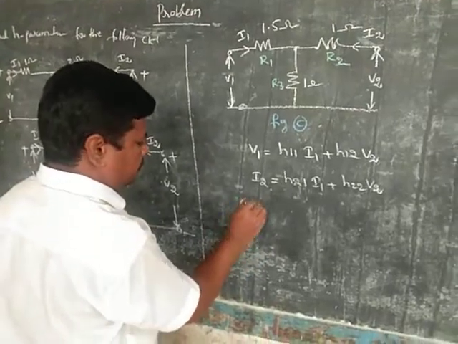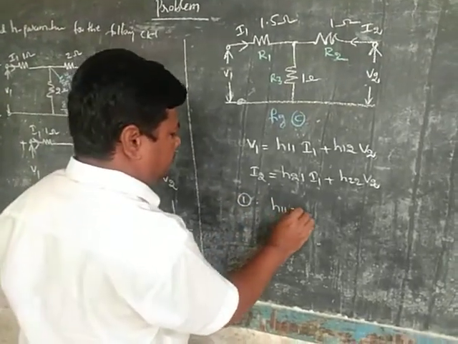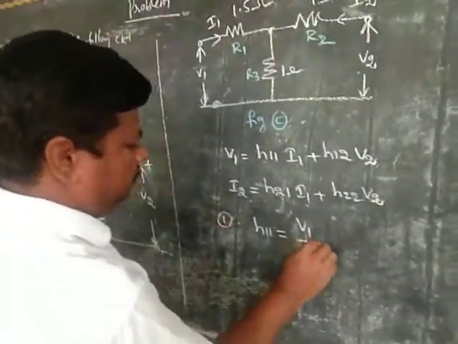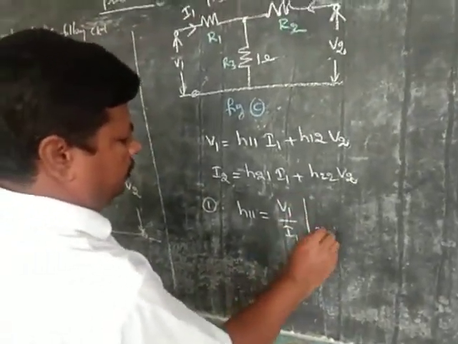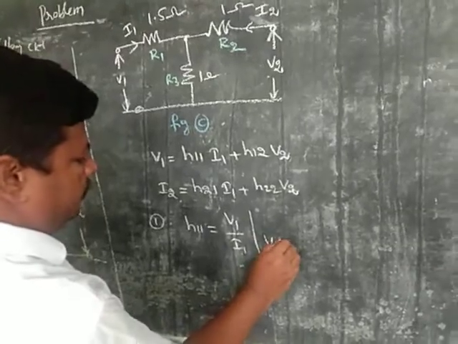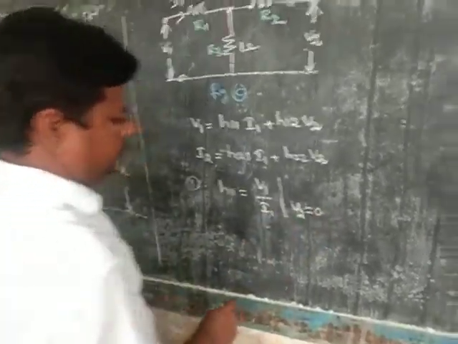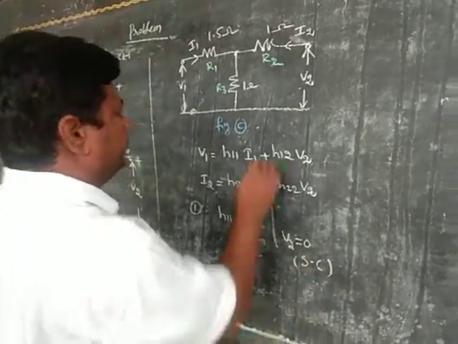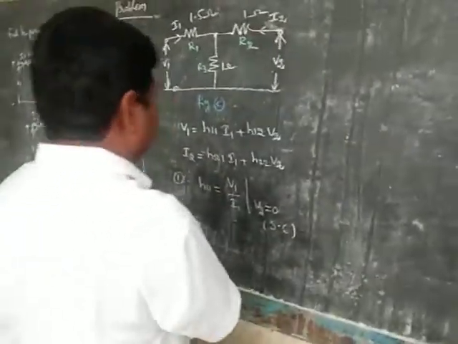H11, the first parameter. H11 is equal to V1 by I1 when V2 is equal to 0. When V2 is equal to 0 means short circuit. Consider this circuit.